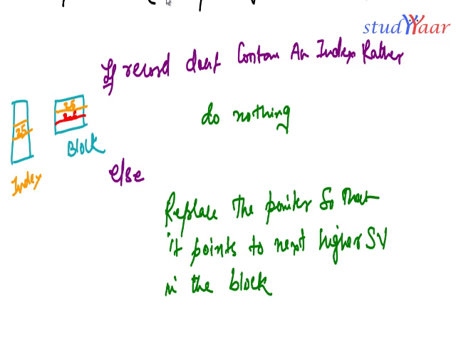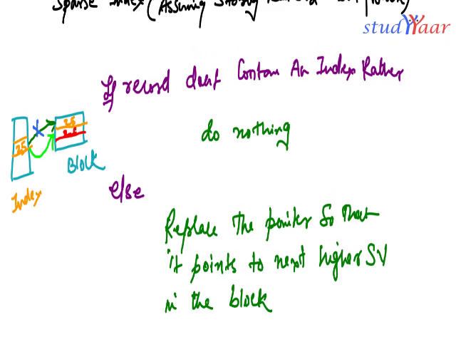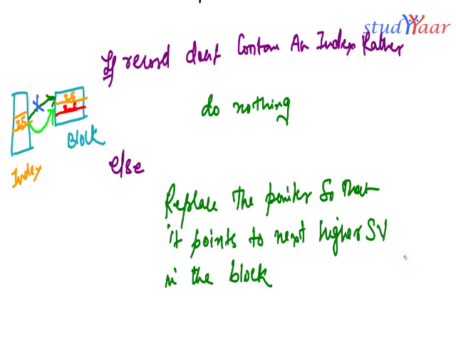If I have to delete 25, then obviously currently the index is pointing to 25. So I'm going to delete this and make it point to 26. So that was deletion.